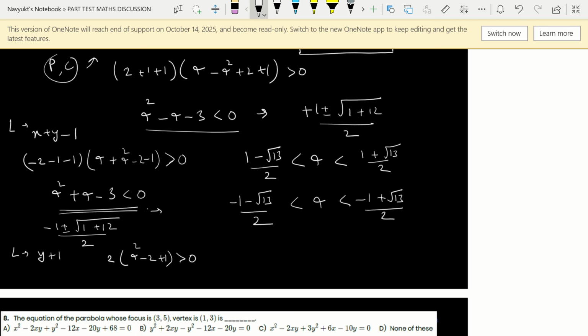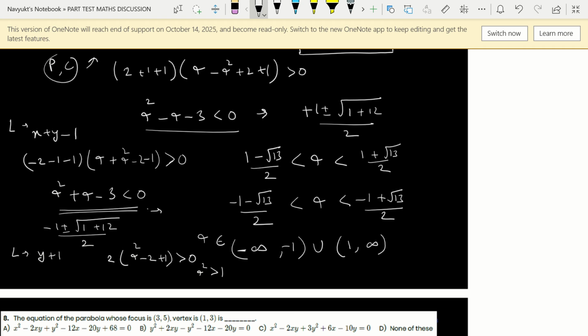This gives us how much? Alpha square greater than 1, correct? So alpha square greater than 1. Which zone is this? This is the outside zone of minus 1 to 1, which is nothing but minus infinity to minus 1 union 1 to infinity.